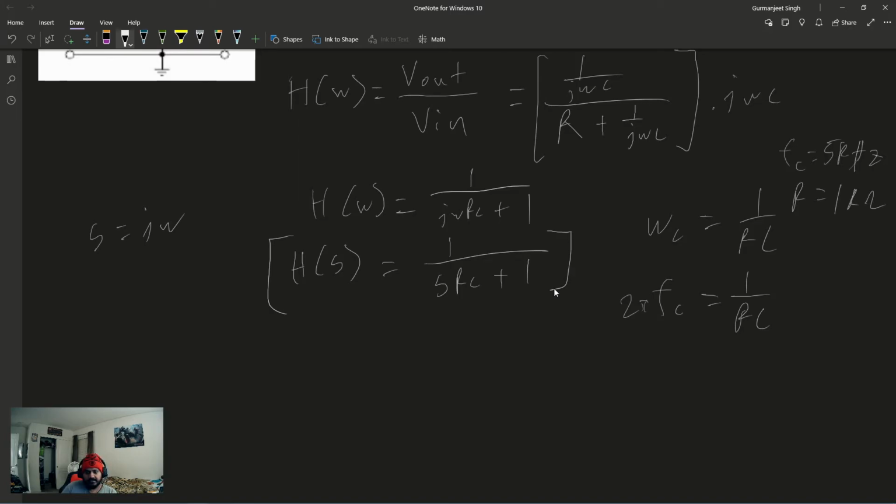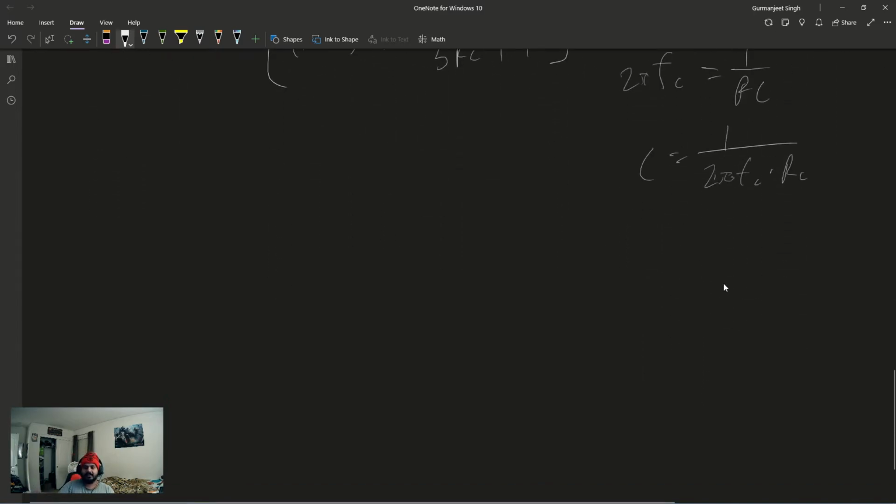So we essentially know everything within this aside from the capacitor. So we can rewrite this using basic algebra and set the capacitor equal to 1 over 2 pi fc times R. You get what I mean. And we know our values as well.